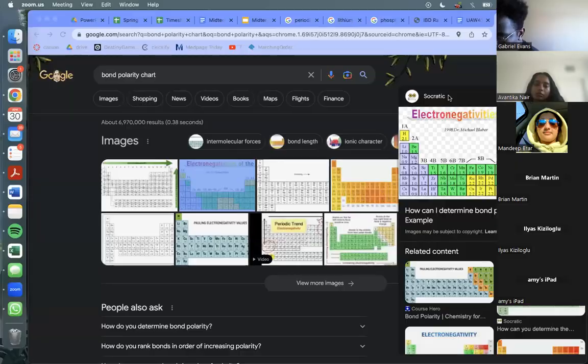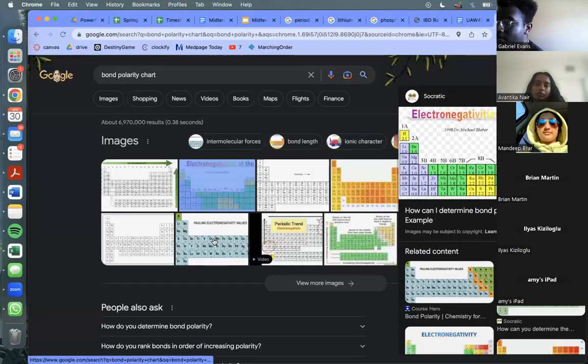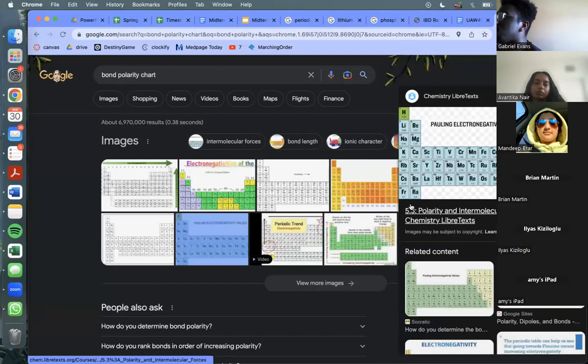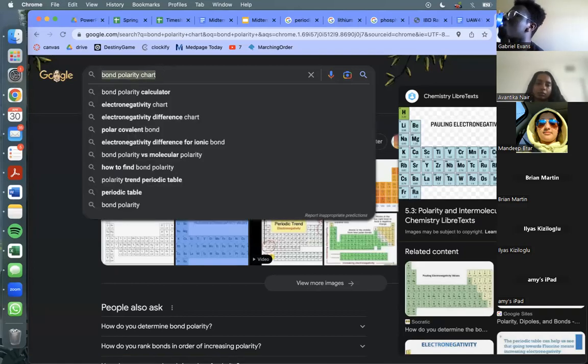Okay, so for bond polarity, I'm gonna share my screen really quick. The key thing is the electronegativity. So actually here, I'll search it.